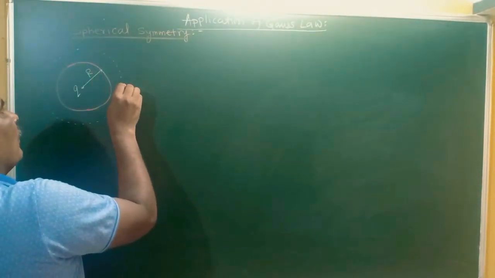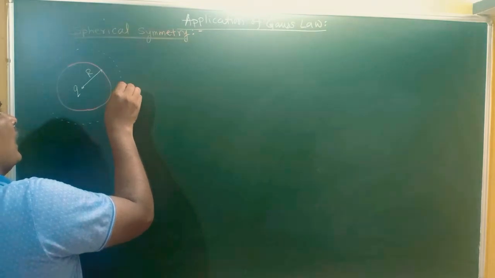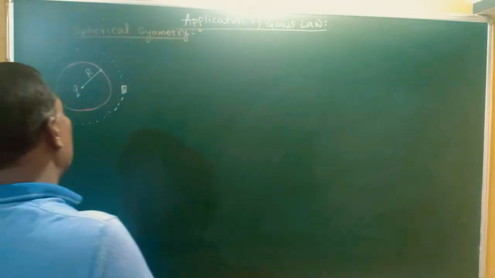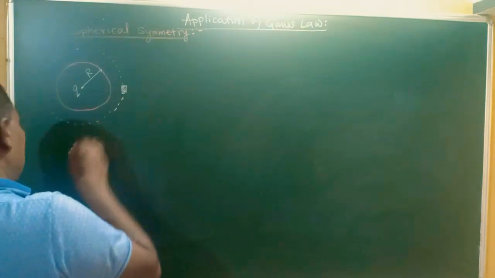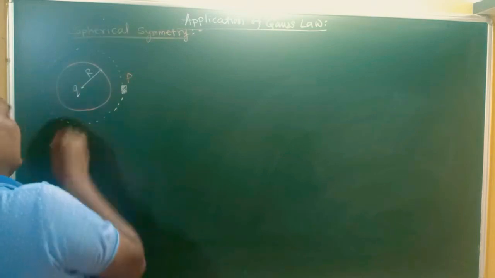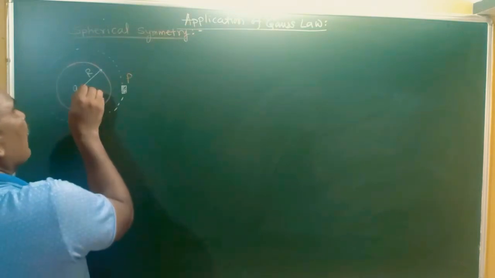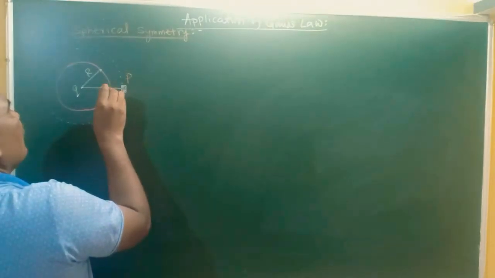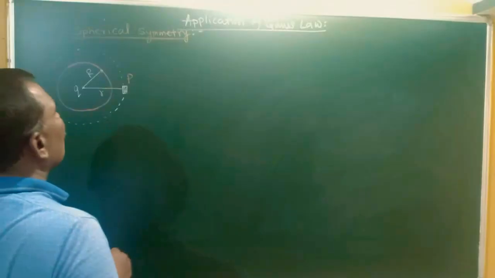Here we have a small element ds at the point P, and this distance is small r.